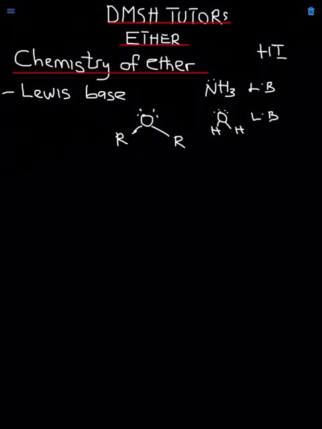Because ether has lone pairs, this makes ether a Lewis base, because it can donate its electrons to form a coordinate covalent bond.